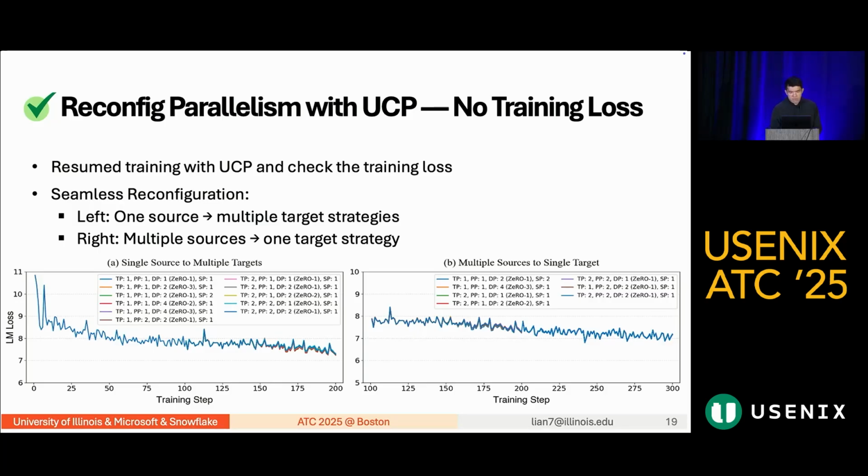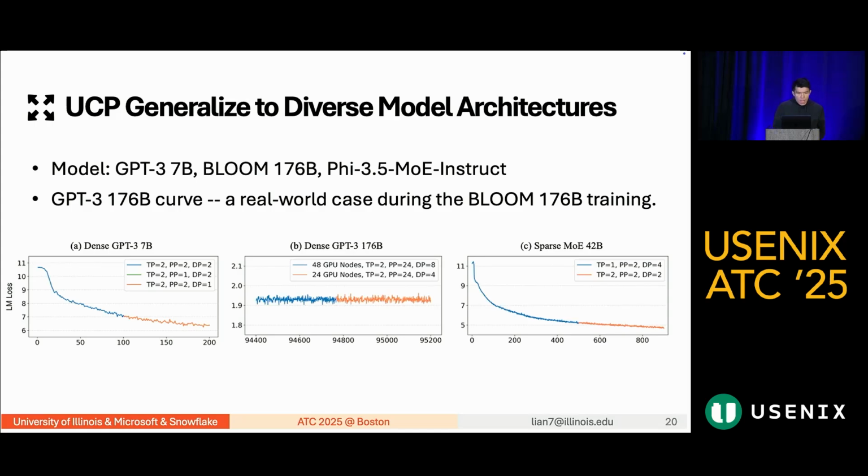You can see from the figure that on both sides, the training loss with all the configuration strategies overlaps, and the loss curve remains smooth and stable. We also evaluate UCP on diverse model architectures, including MoE models. Note that the training loss curve in the middle is a real-world case during Bloom pre-training.